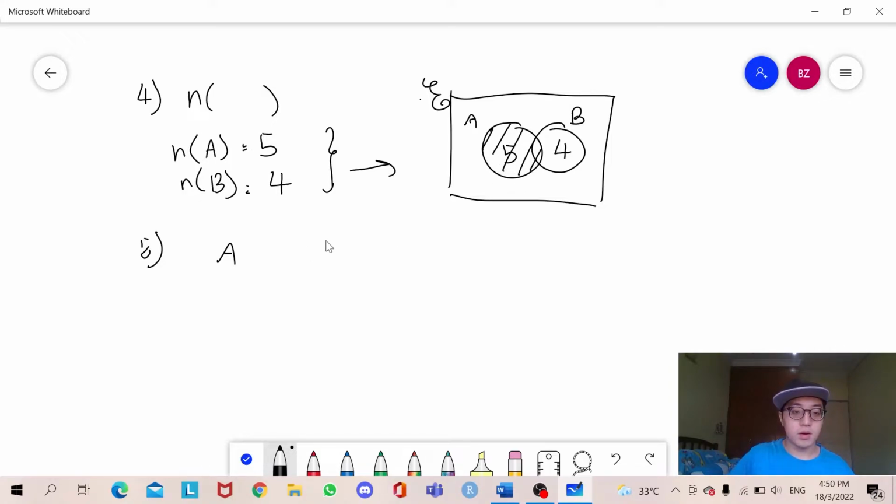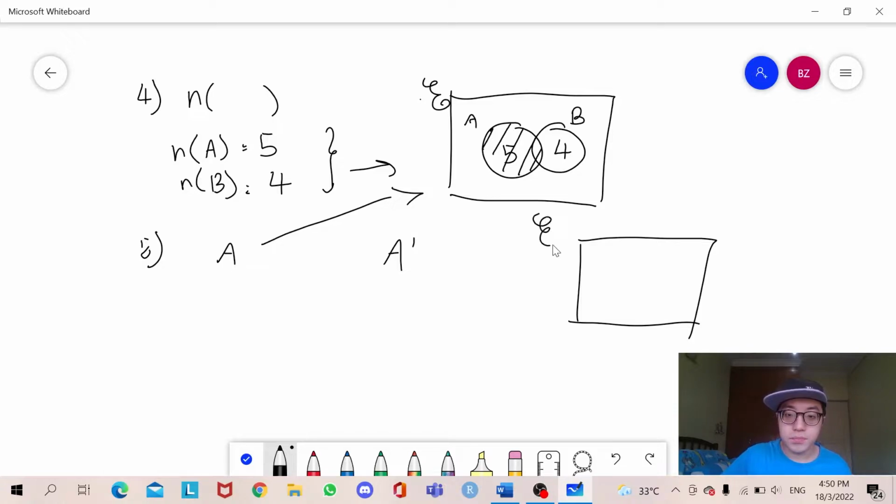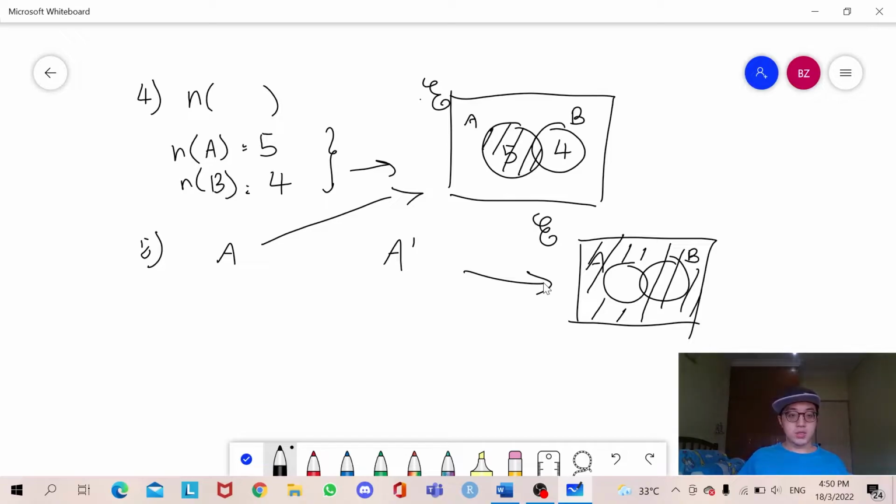If we add a little stroke, we call this the complement of A. The complement of A is everything except A. If I draw this whole diagram again, everything outside of A is represented like this. This means A complement. These are a few notations you will need to know.